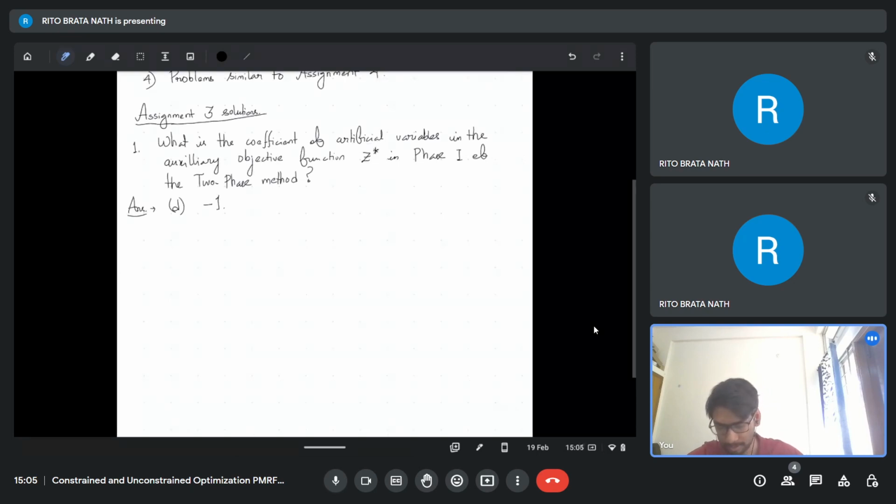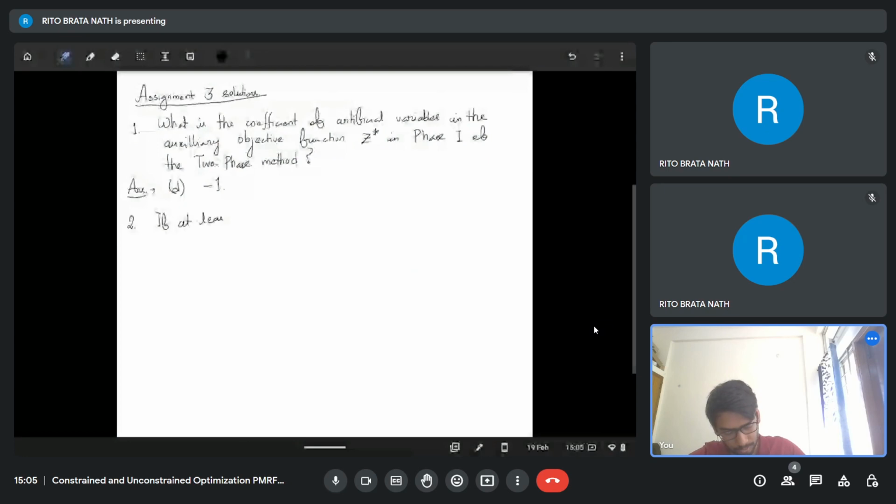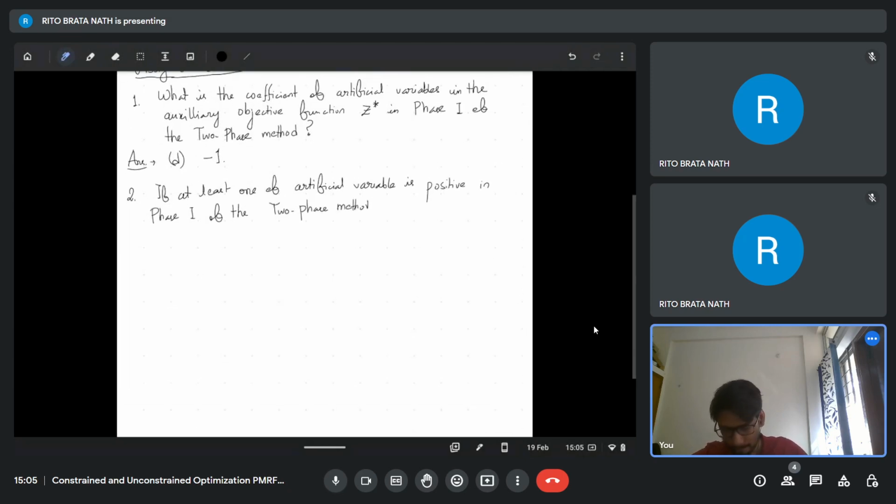So the second question was: if at least one of the artificial variables is positive in phase 1 of the two-phase method, then the auxiliary objective function which you try to maximize.